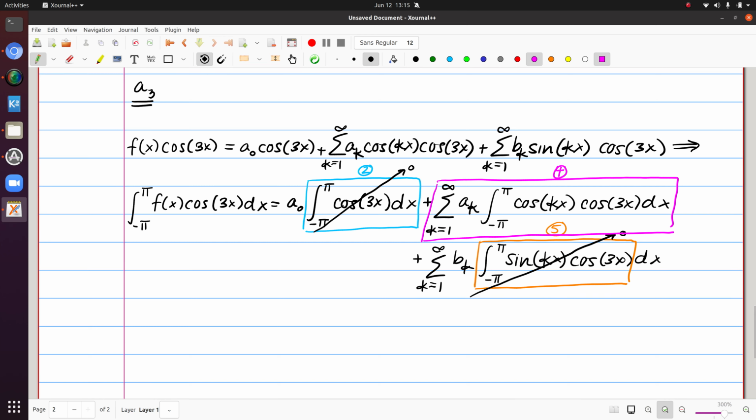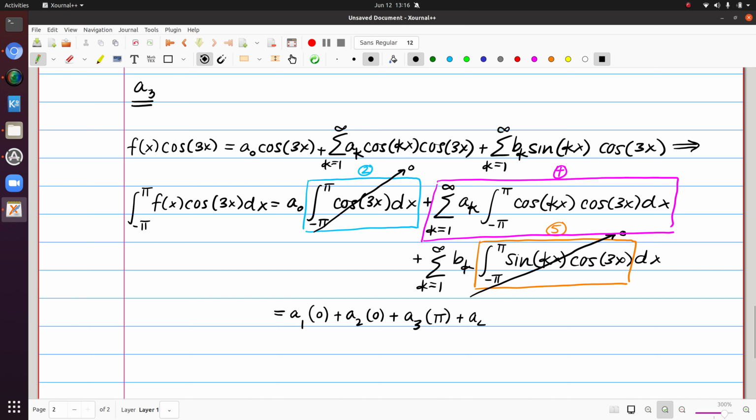So if I were to write that out, that's going to give me a1 times the integral of cosine 1x times cosine 3x. Well, according to our formula, that's 0. Plus a2 times the integral of cosine 2x times cosine 3x. That's going to be 0. Plus a3. Now when I get to a3, the integral of cosine 3x times cosine 3x, according to formula 4, in that instance, the integral is pi.